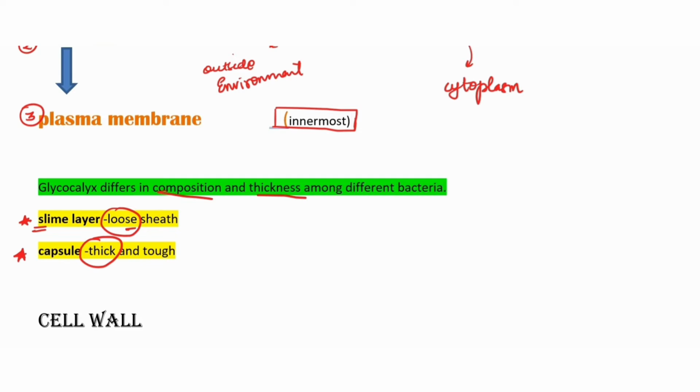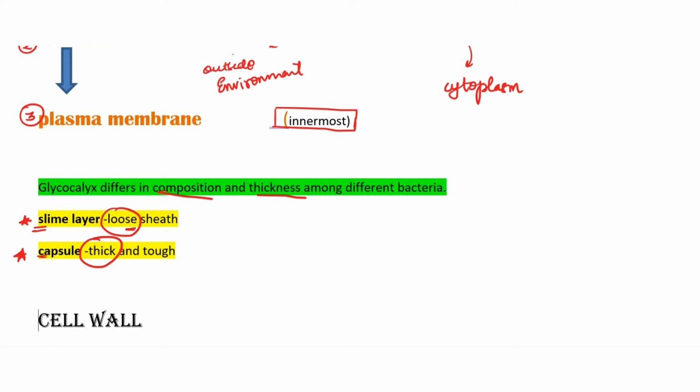It ends with a CK. Look at the pronunciation, thick, capsule. So you can remember it that way. Slime layer is loose. Slime itself, we know it's very loose; you have played with slime, isn't it? Like that also you can remember. So slime layer is something loose, and capsule is thick and tough.